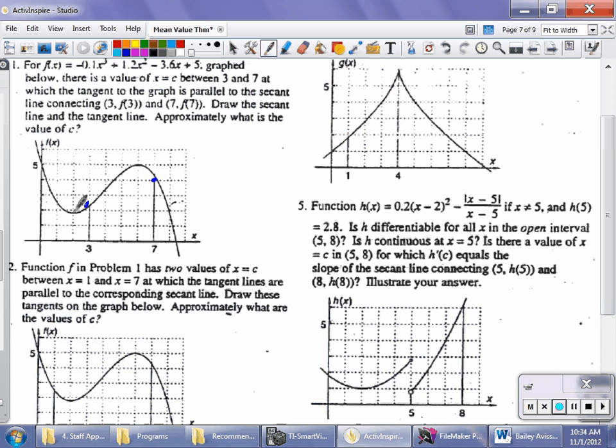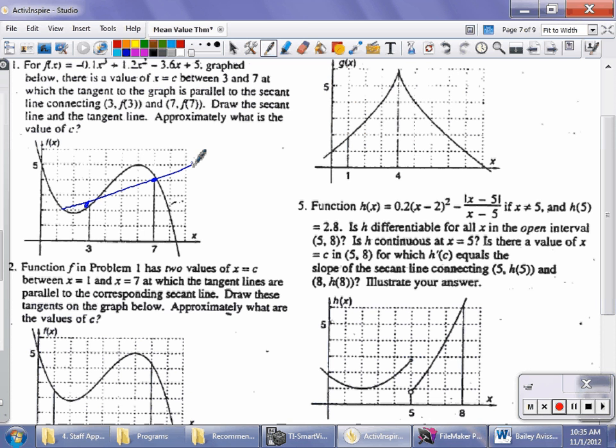Now I don't have a straight edge here, so I'm going to do the best I can. There's my secant line as the blue line. It's a little bit off, but you get the idea. Now what I'm trying to figure out, and again I would use a straight edge if I were doing this on paper, is there a, well, we know for sure there is going to be, by the mean value theorem, at least one time at which the instant is equal to the average.